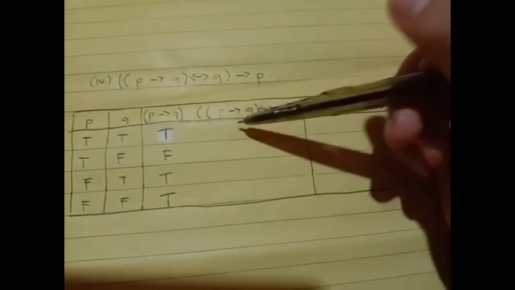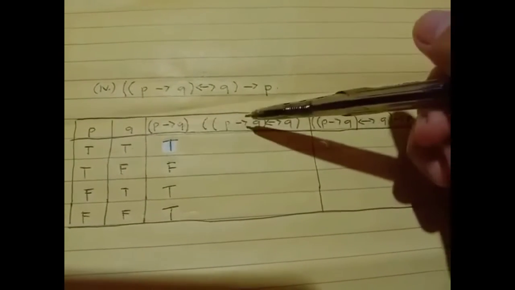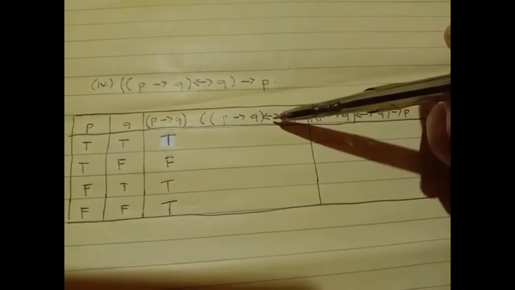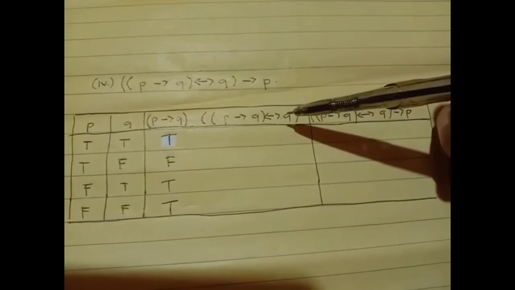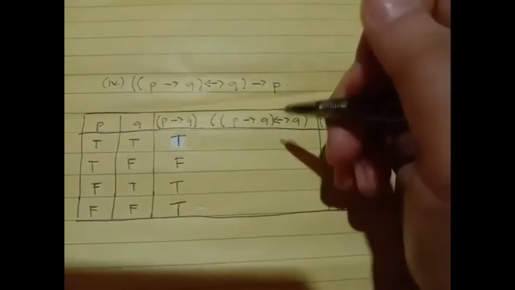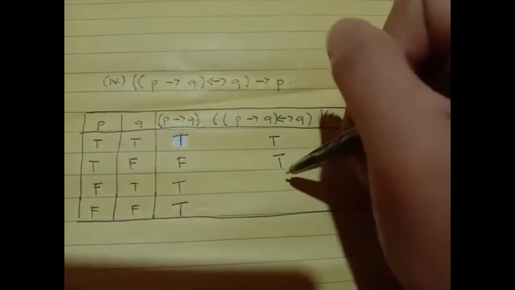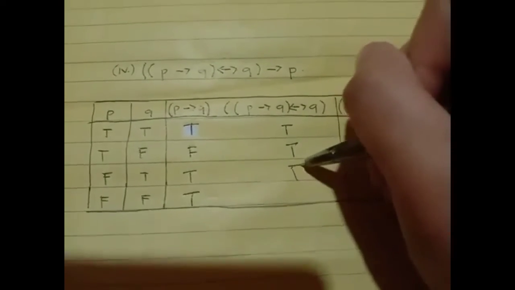Now let's proceed to this part. In this part, we have Q implies P. So let's find out the truth value here. The truth value here is true. Here is also true. Here is also true.